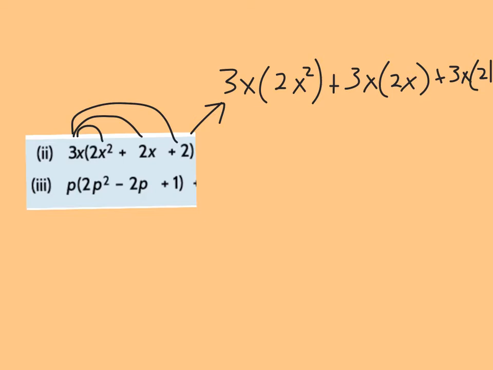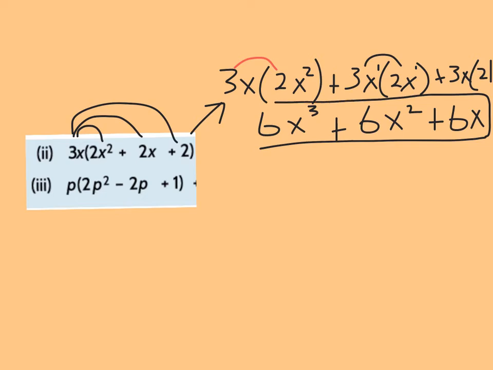Okay, so let's go ahead and solve that. 3 by 2 gives me 6. x by x squared gives me x cubed. 3x by 2x gives me 6x squared. So remember your little ones there. And 3x multiplied by 2 gives me 6x. And there's nothing I can do with that.